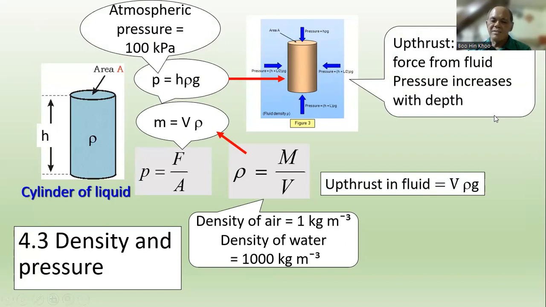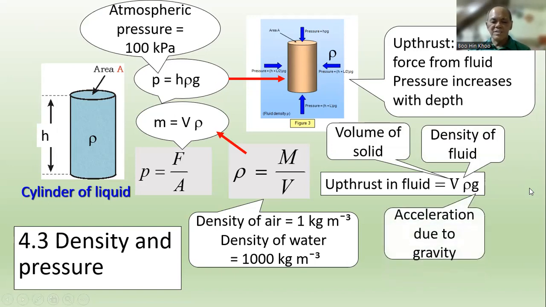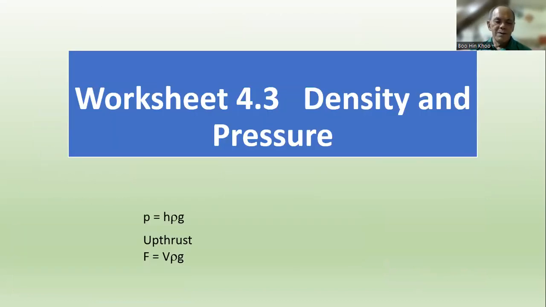And upthrust, remember, looks like E, but it's density of liquid times acceleration due to gravity. Summarize on a piece of paper, then you can memorize it. These are the formulas that we are going to use.